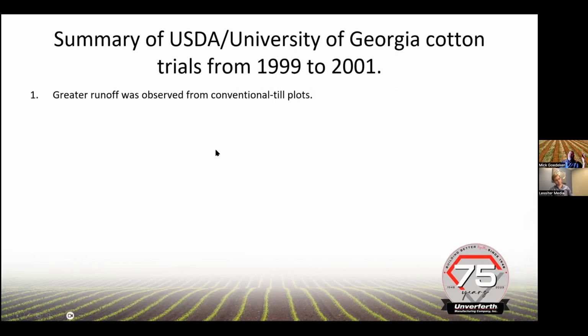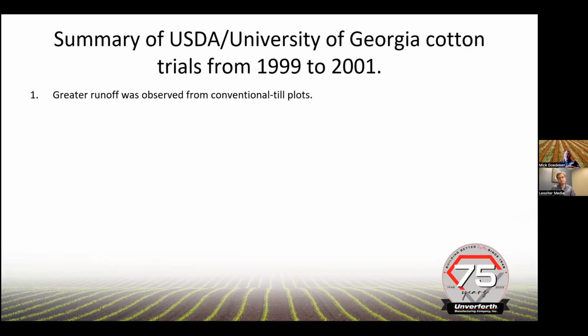So let's go to a different part of the United States. Let's go to somewhere where rainfall is not as limited. Let's go to Georgia and look at that. And this was a trial that was actually looking more on the side of herbicides, but there's some great data that came out that compared conventional tillage to strip-till.